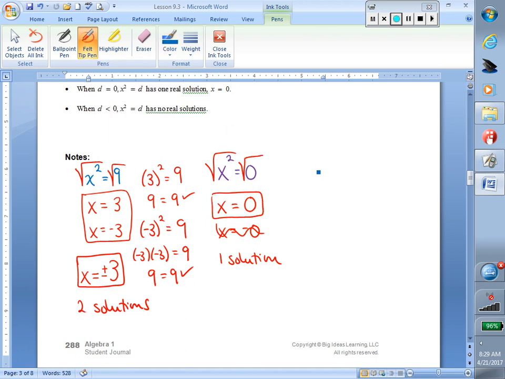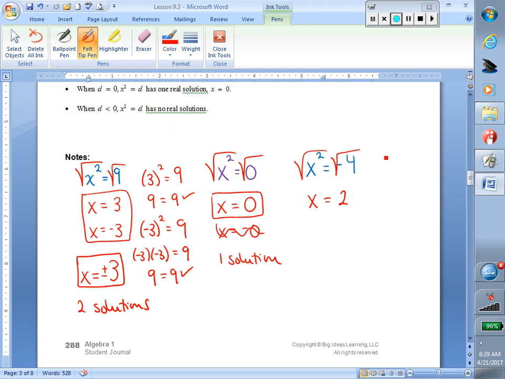Let's take a look at one more example. Let's have x squared equals negative 4. To undo my squared, I take the square root. Square root of x squared gives me x. The square root of negative 4. I know a lot of you are saying, Miss Golly, it's got to be 2.